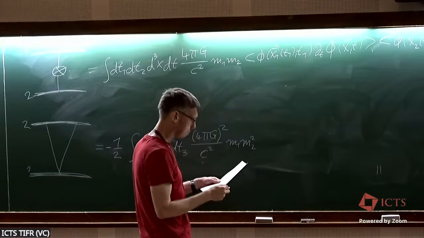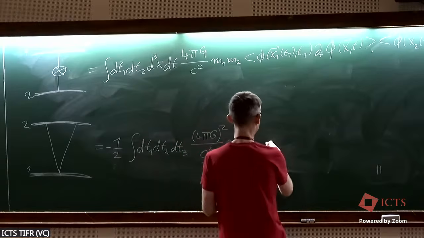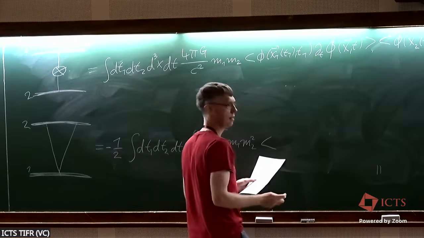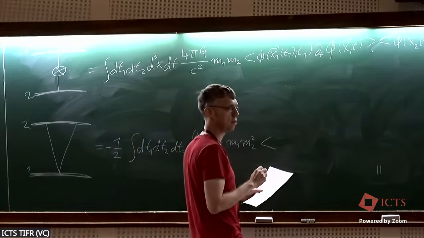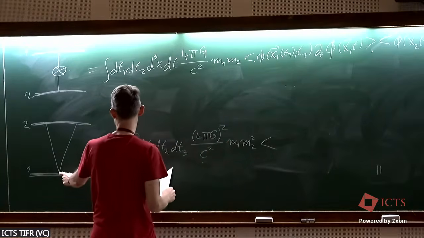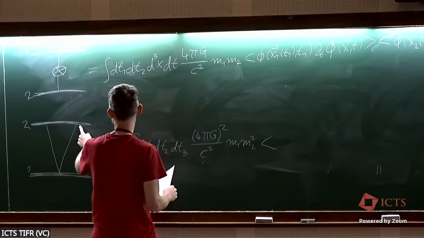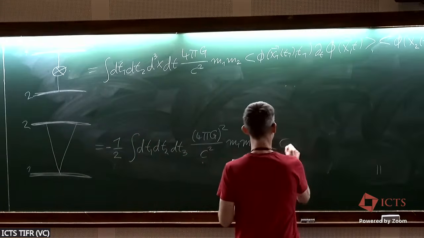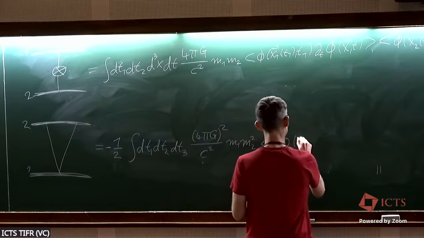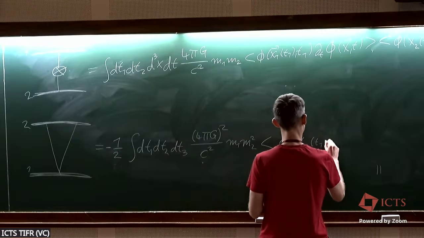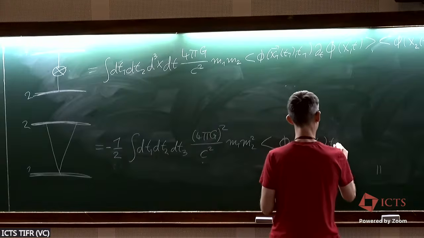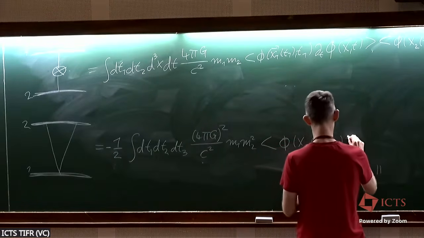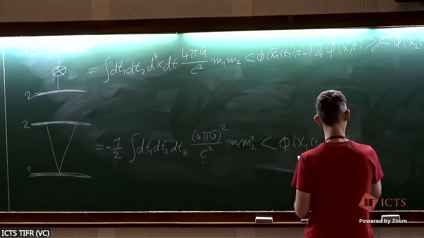And then again, we have to construct the pi fields properly. So one of the fields goes from worldline 1 to the second worldline, and then the same again. So this gives this.